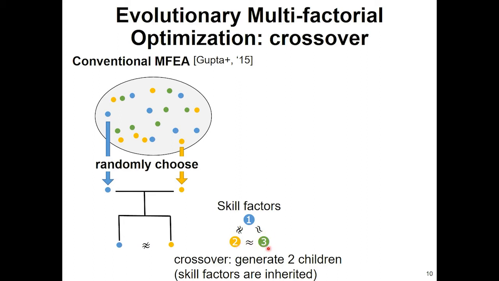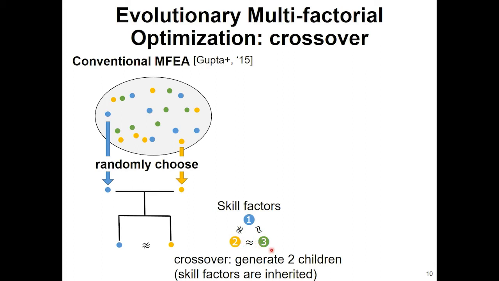Here, we assume that the blue scale factor 1 and the yellow scale factor 2 are dissimilar. The blue scale factor 1 and the green scale factor 3 are similar, and the yellow scale factor 2 and the green scale factor 3 are also similar.